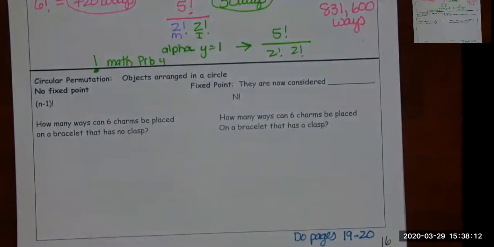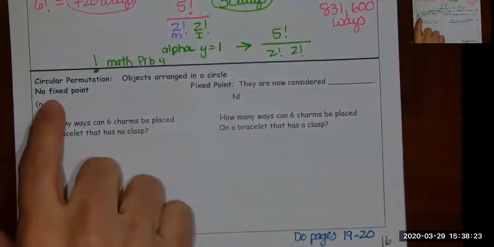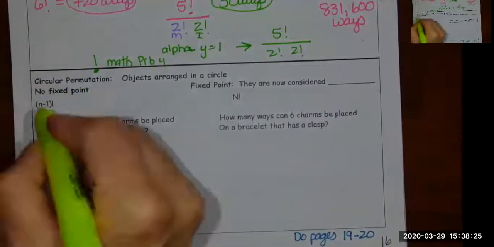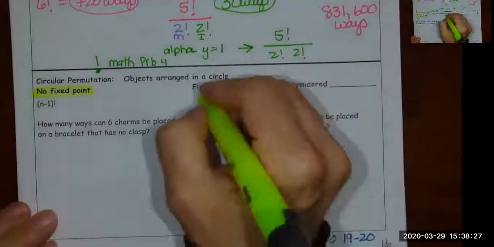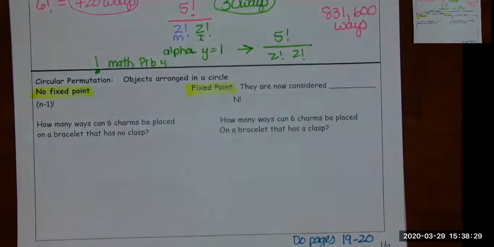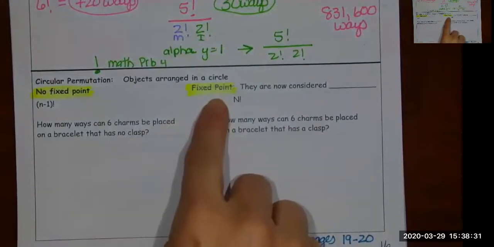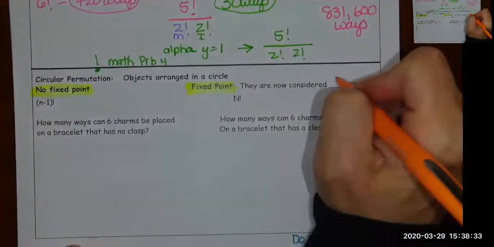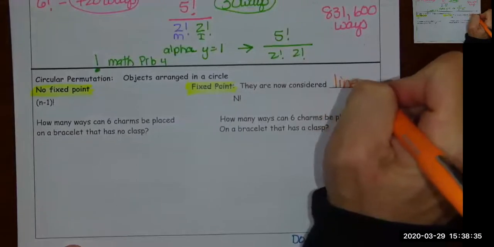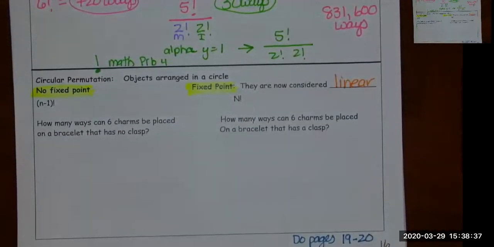Okay, a circular permutation. What if we had objects arranged in a circle, or people? Let's say I put you in a circle in the middle of the room. Okay, if there's no fixed point, things are a little bit different than if there is a fixed point. If there is a fixed point, then it actually turns it into a linear, and it's simply n factorial.